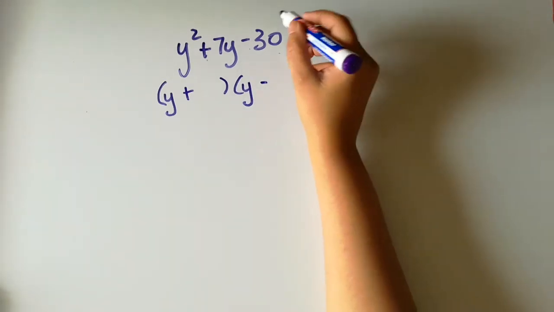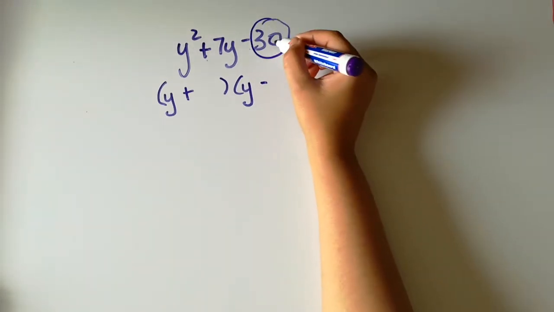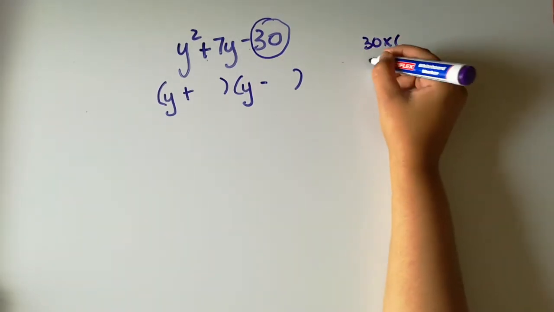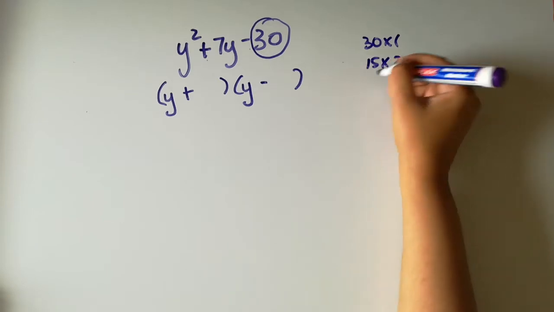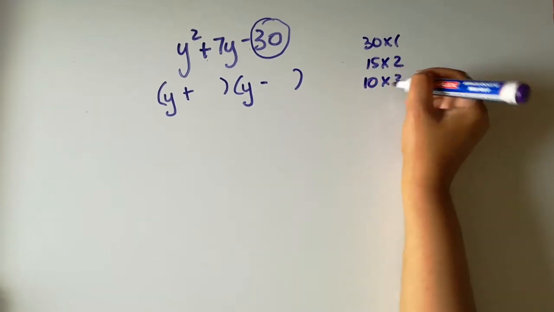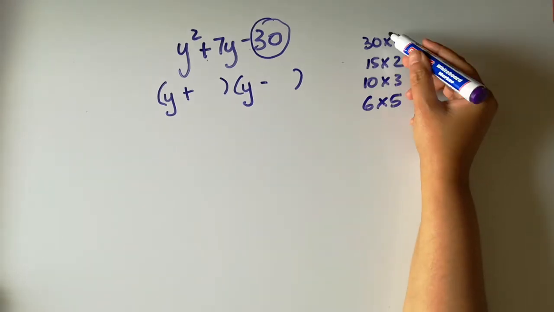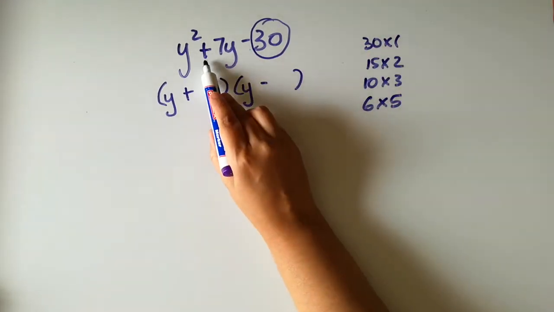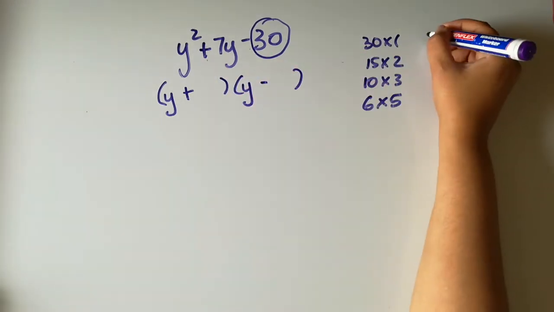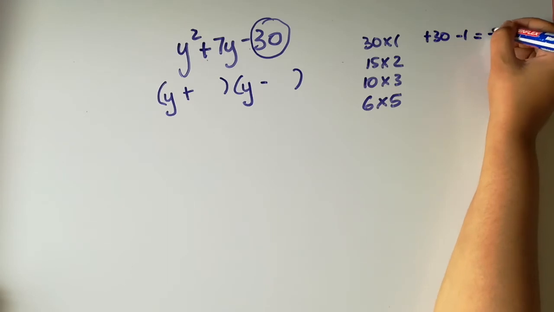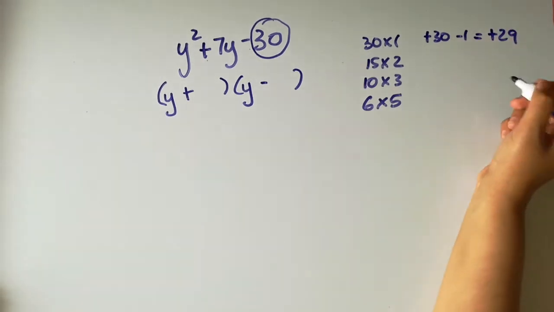Let's look at factors of the last term, 30. 30 is equal to 30 times 1, 15 times 2, 10 times 3, and 6 times 5. Now here the bigger number needs to be a plus because our middle term is a plus. So I'm going to say plus 30 minus 1 will give us plus 29.